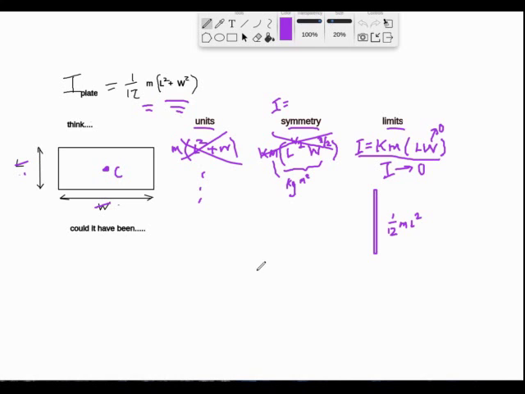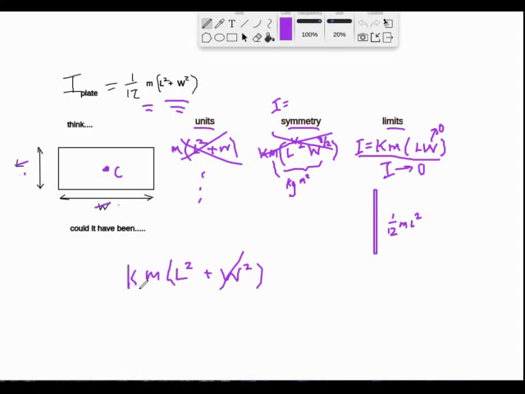And so you can think maybe I could have just guessed it. Could it have been anything else than this answer, times some constant? This way, as the width goes to 0, you get something times mass times length squared.